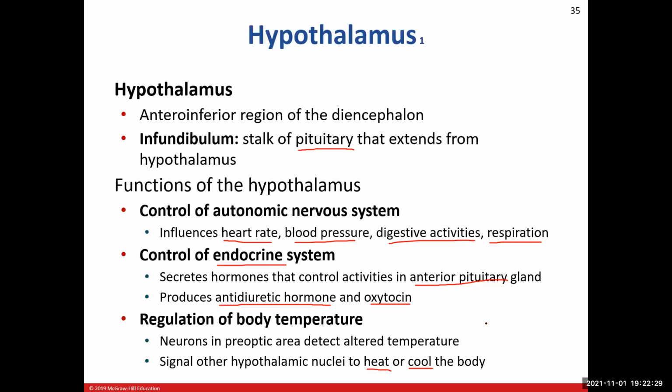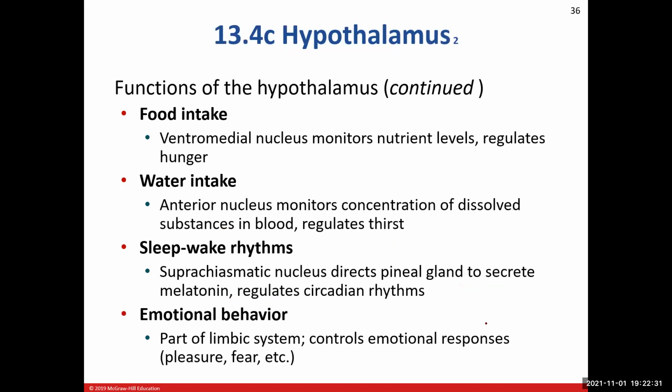This happens when you are exercising or if you're outside in a cold environment. Food and water intake, all right? The hypothalamus tells you when you're thirsty and when you're hungry. It's monitoring nutrient levels in your bloodstream, and if you're deficient, you get hungry, and hopefully you'll eat the right things.